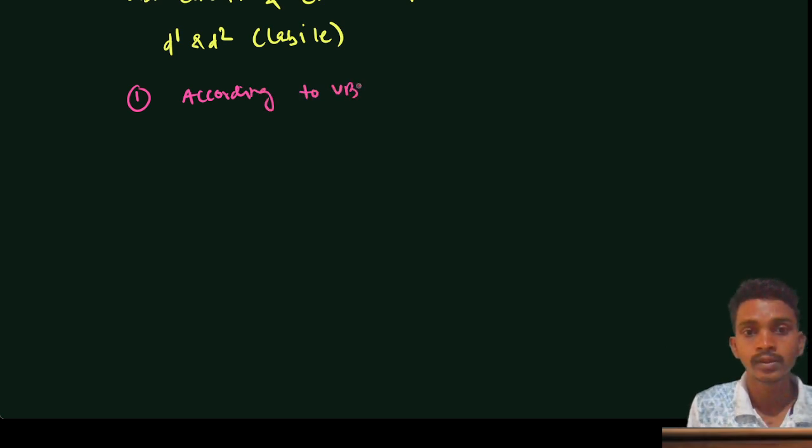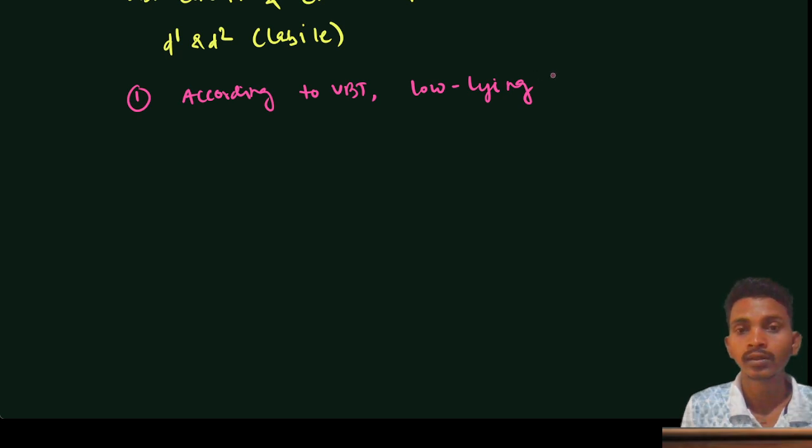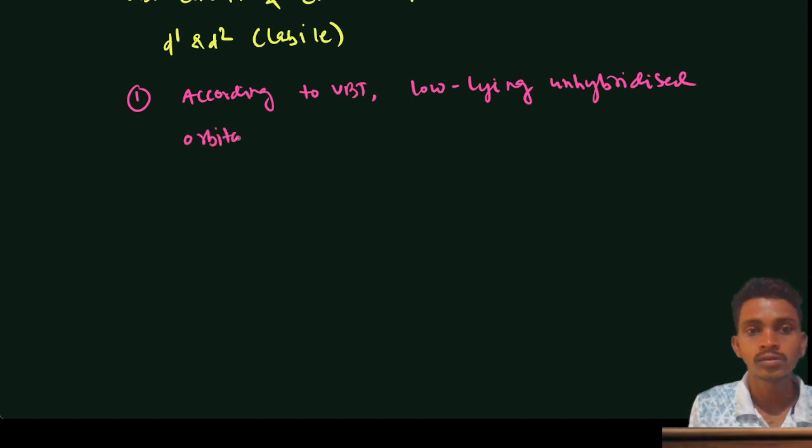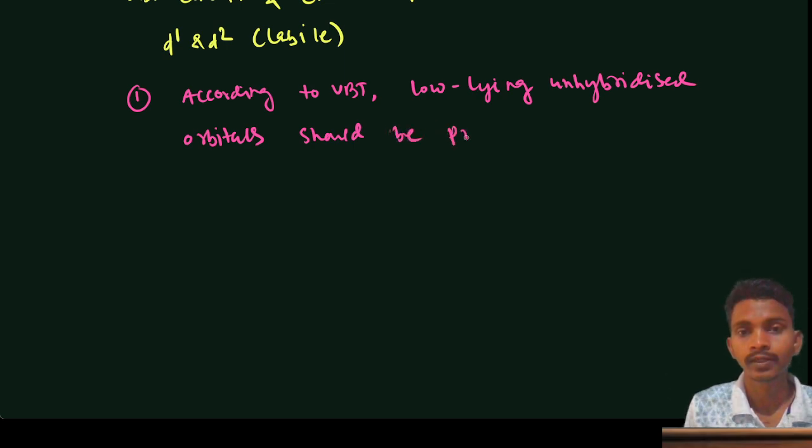First one, according to VBT, low-lying unhybridized vacant orbitals should be present.